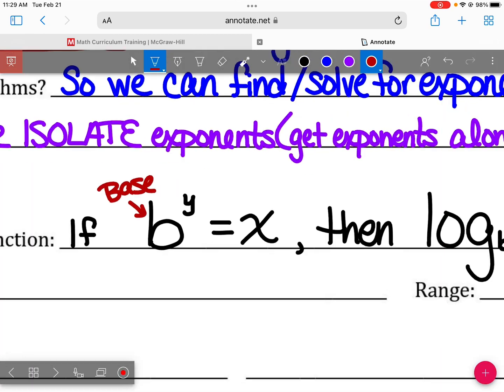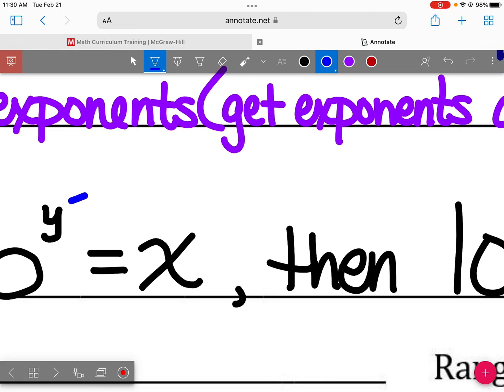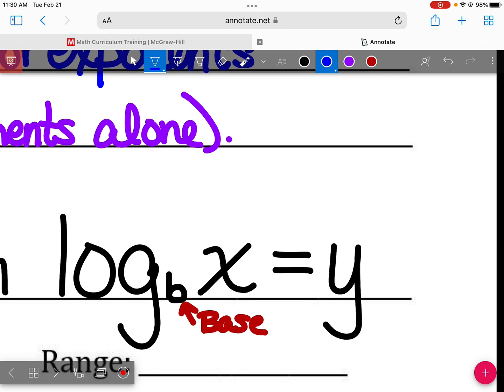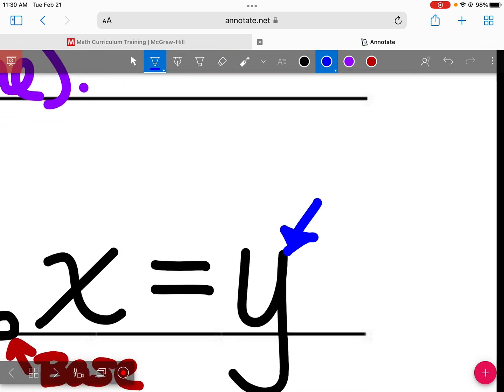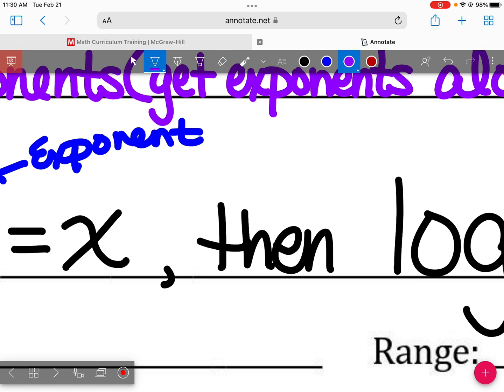The base on the exponential function gets written down here. The exponent of the exponential function is isolated on this side of the equal sign all by itself. And then we call this part right here the argument.